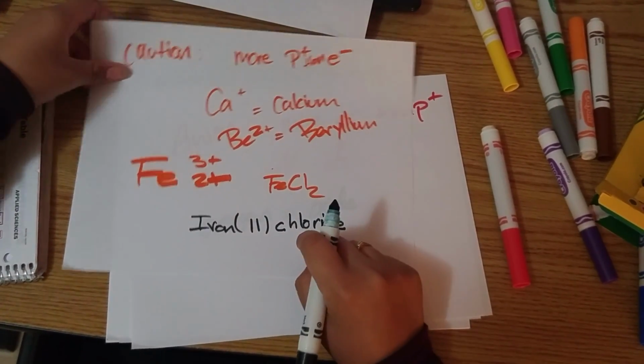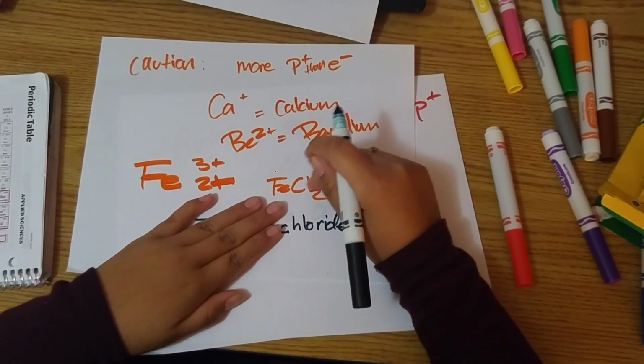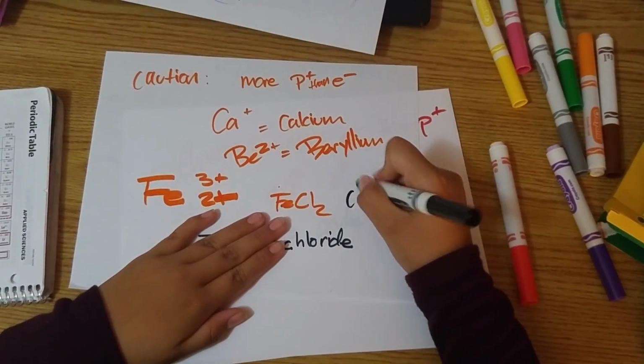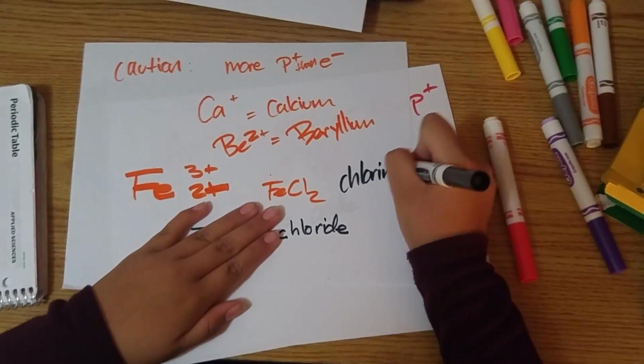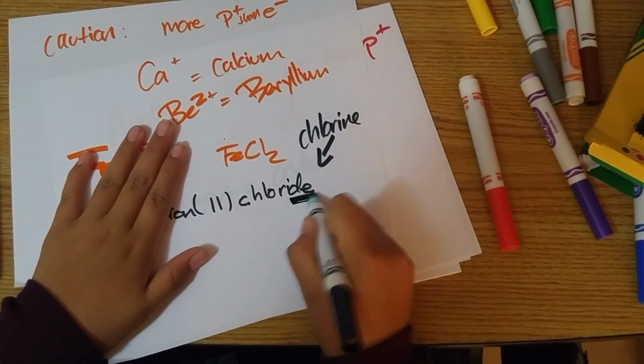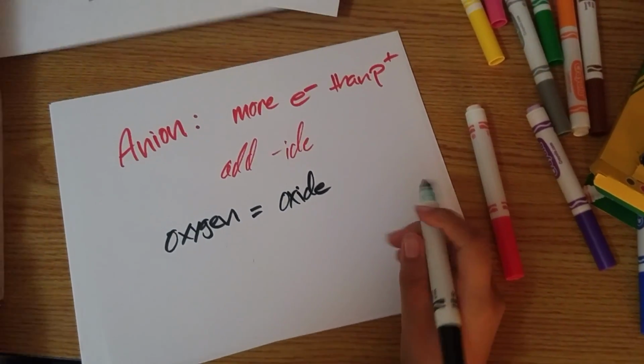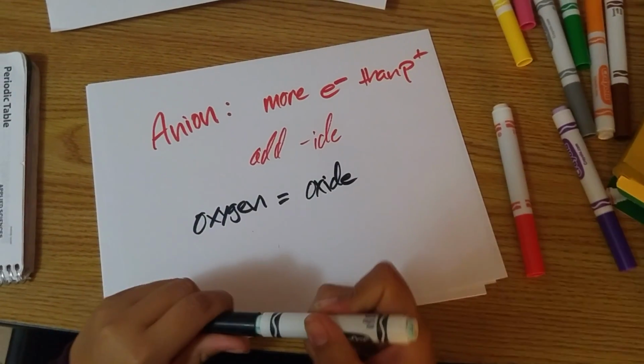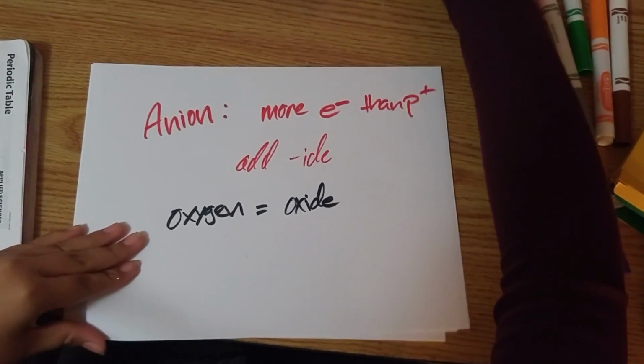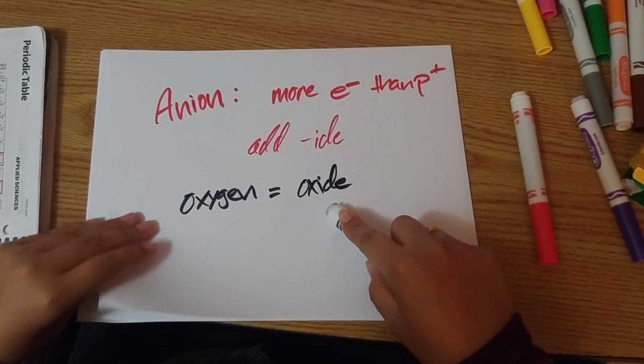You can see right here how it happened. This is Cl, chlorine originally, and then we made it into chloride. You see that "ide" ending. Remember that. To identify these, you'll just have to look for the nonmetals with negative charges.